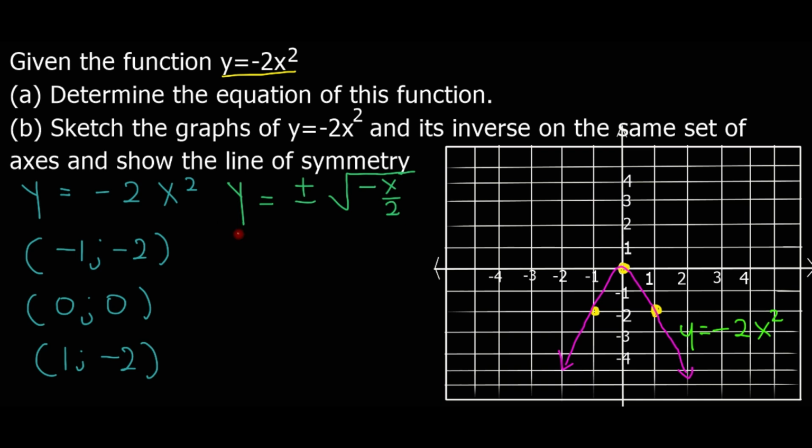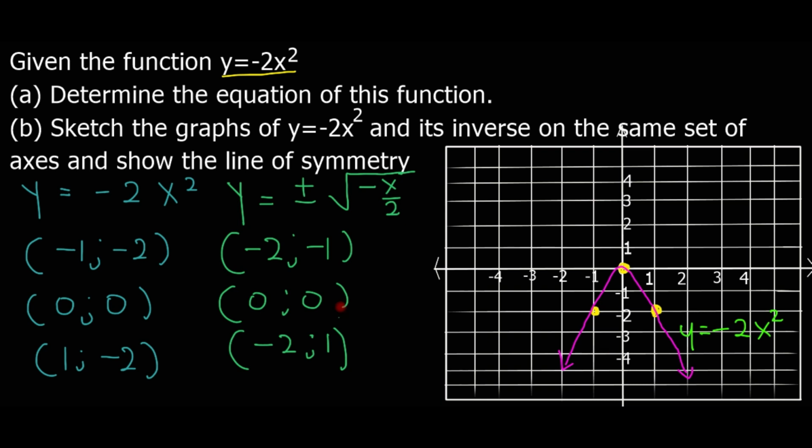So we will interchange the x and y, so we will have -2 and then -1, 0 and 0, and then -2 and then 1.